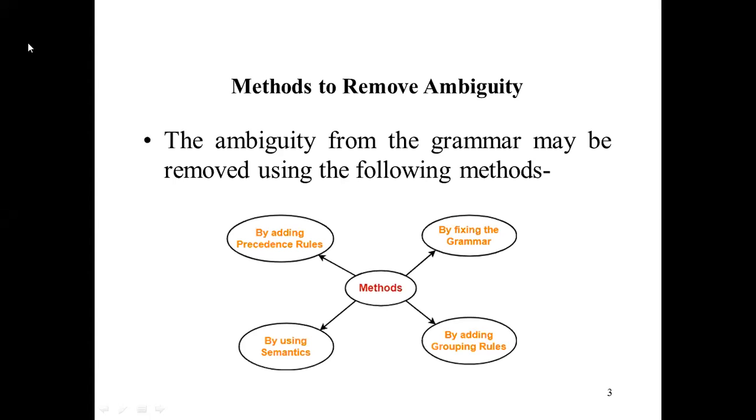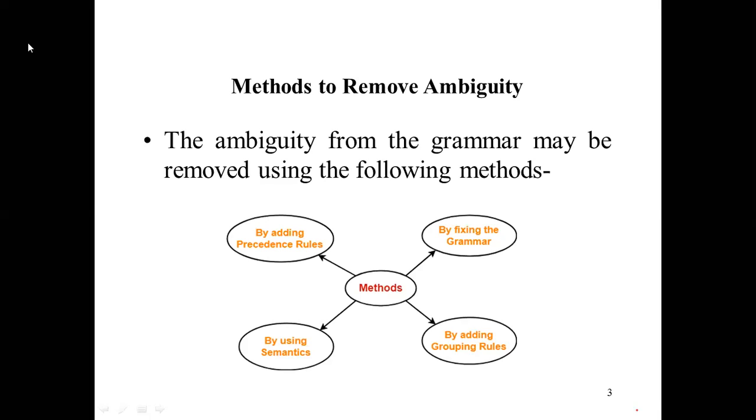Another method is by fixing the grammar. Sometimes we fix our grammar, we change our grammar, we update our grammar. Because you are already aware that even though we are using the preceding rules of English grammar, still the research is going on. So English is also changing and updating. We are not using the old English which was already developed.